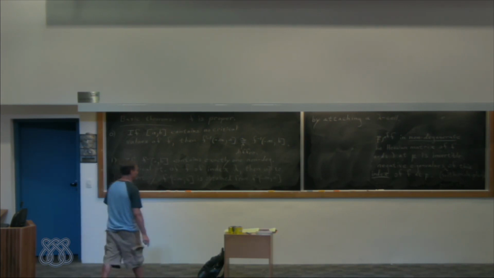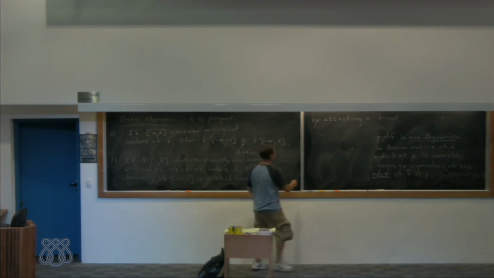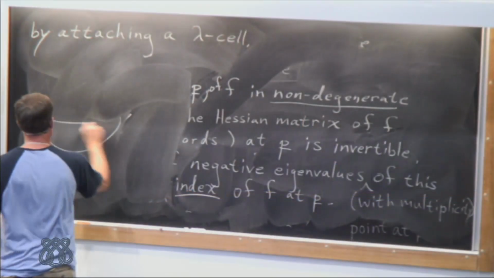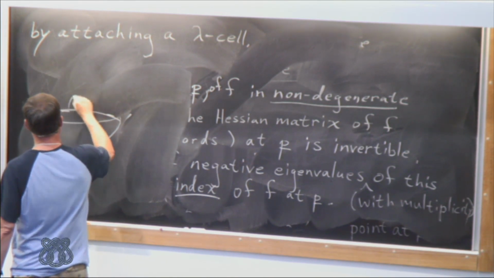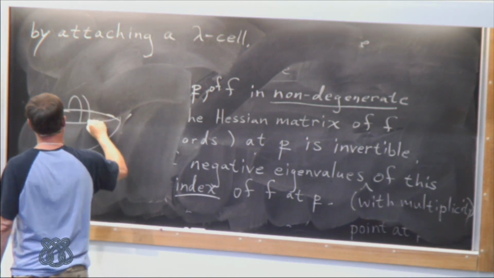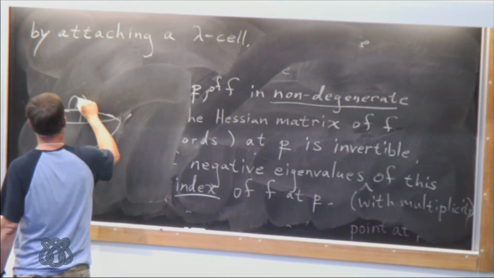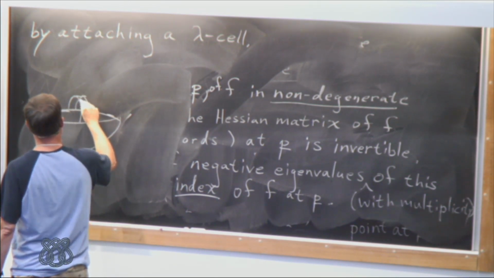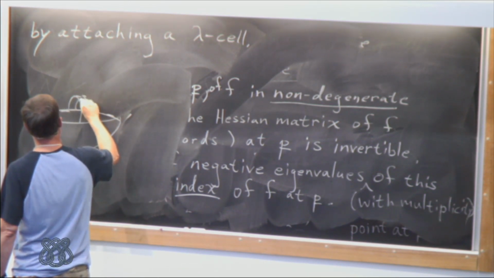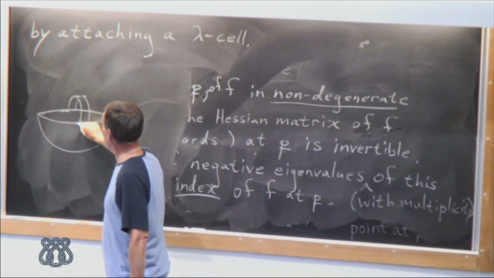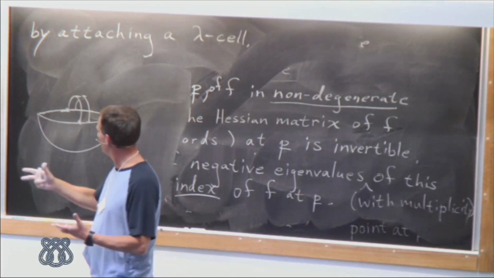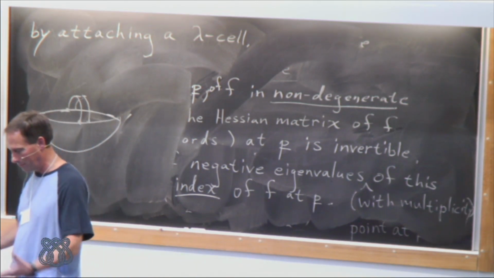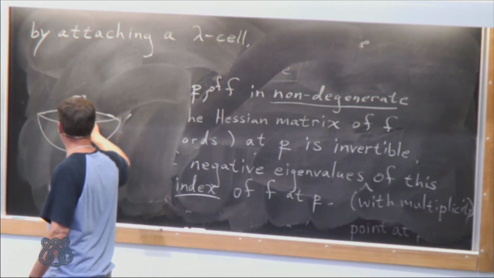So when you attach something like this, you have corners. And if you want to be back in the land of smooth manifolds, you have to smooth those somehow.